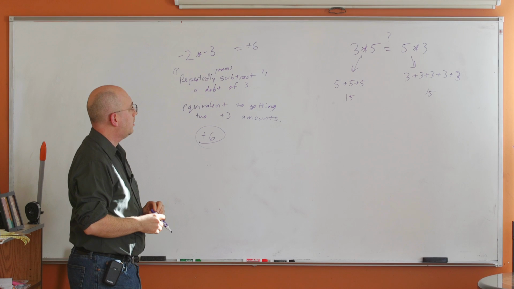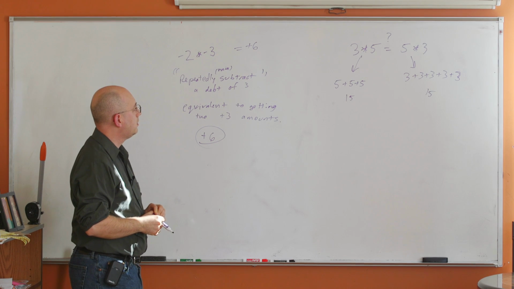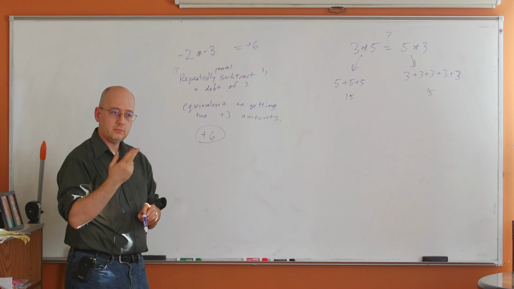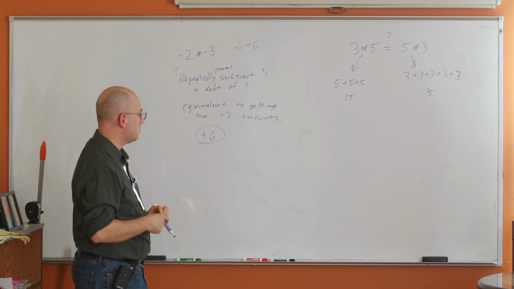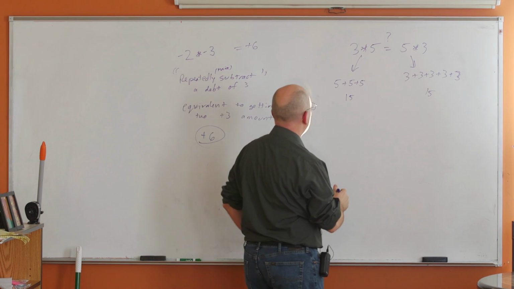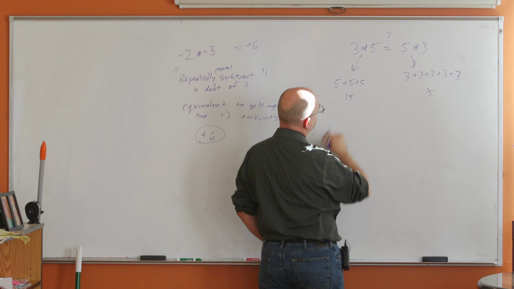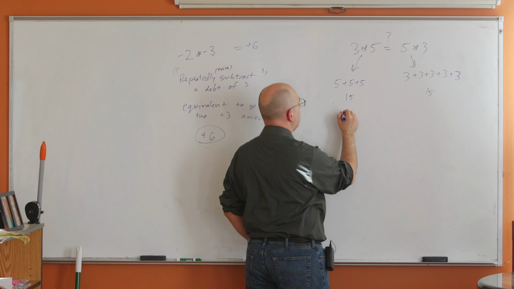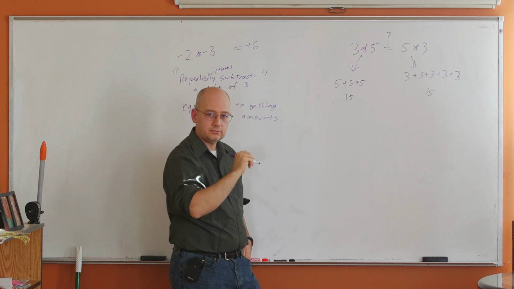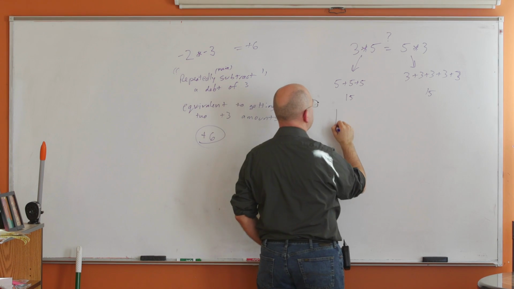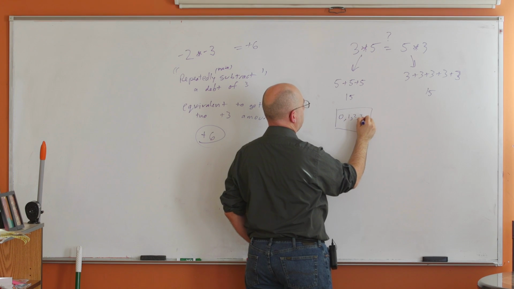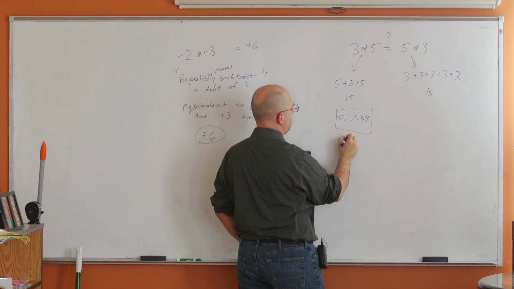So, is it generally true that we can flip the 2 in multiplication? Yes. And let's see how this plays out. So, what was 5? 5 was 0, 1, 2, 3, 4, right?